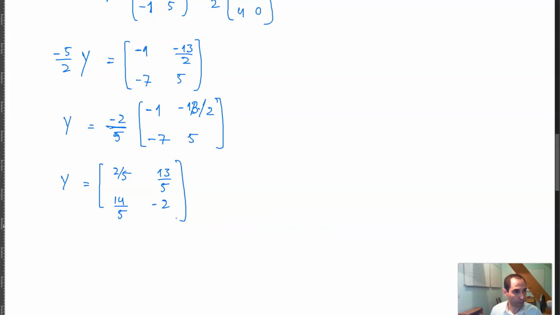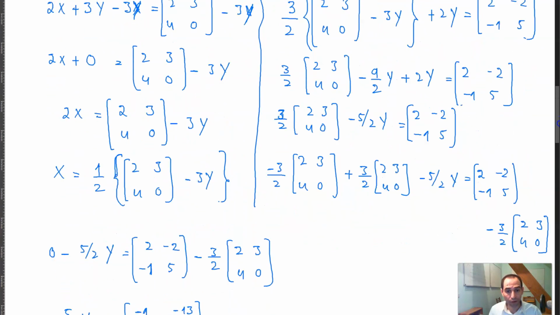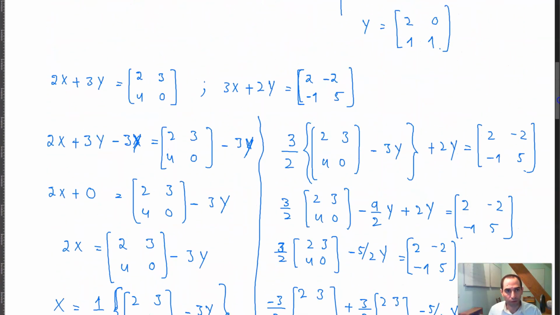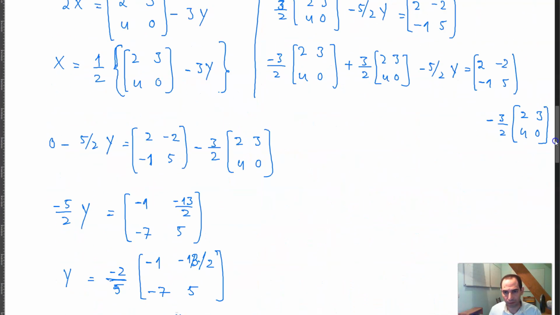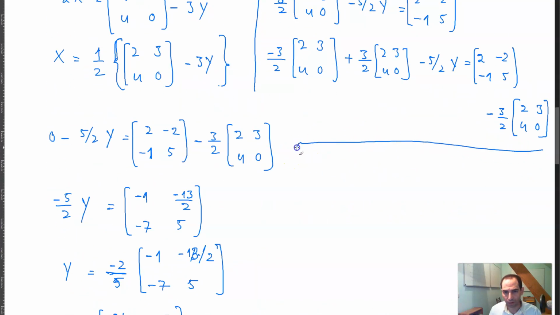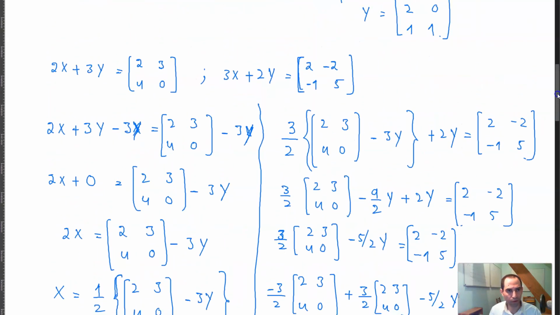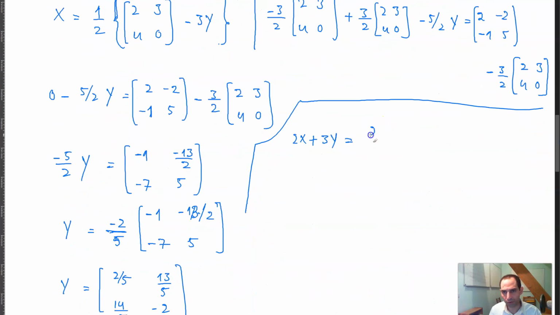Now since I have my y, I can calculate my x. So somewhere over here we had 2x plus 3y is equal to 2340, right?